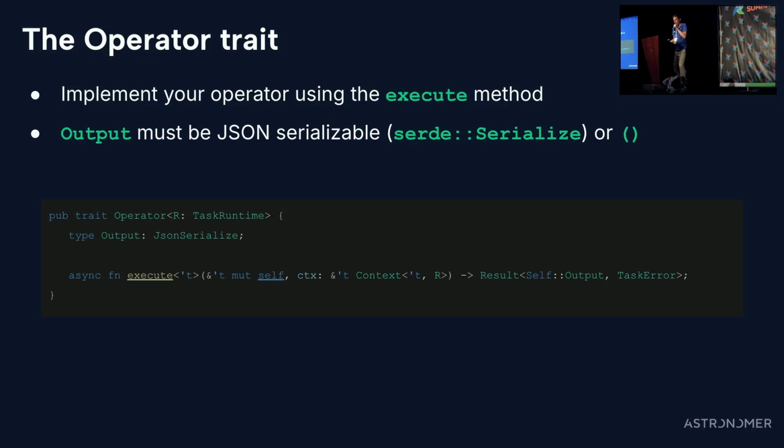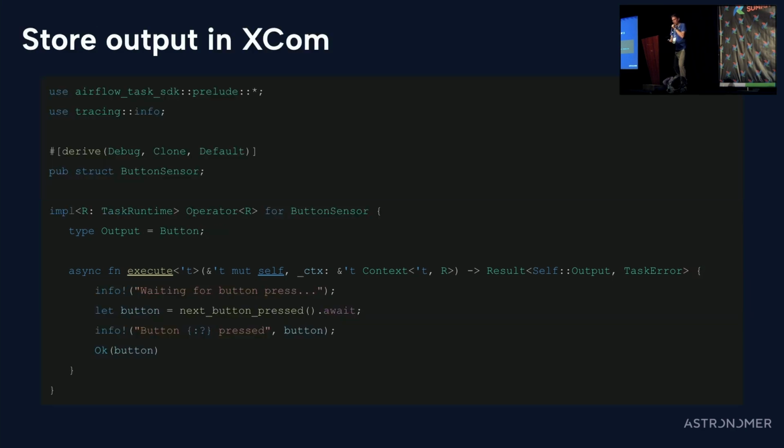That's it. There's nothing more to it. It's just a Rust version of a Python base operator. And in addition, we have output, which needs to be JSON serializable. Usually, in Rust, you can just implement serialize for this, which most types already do, or just pass an empty type. This helps you to just pass XCom to your downstream task.